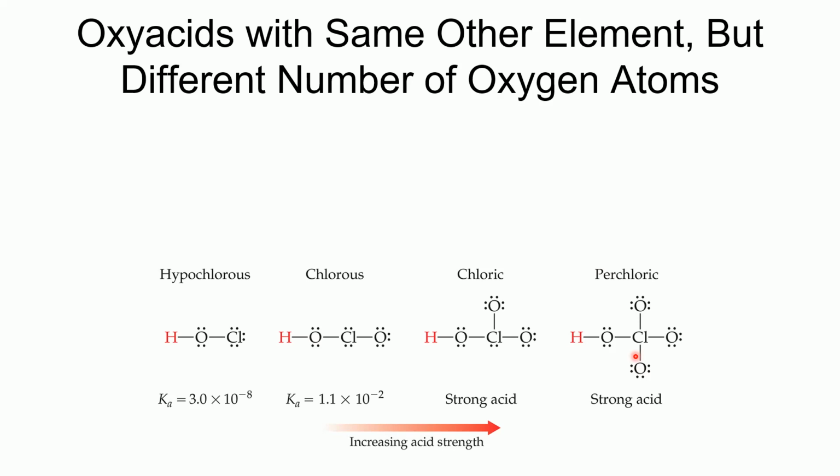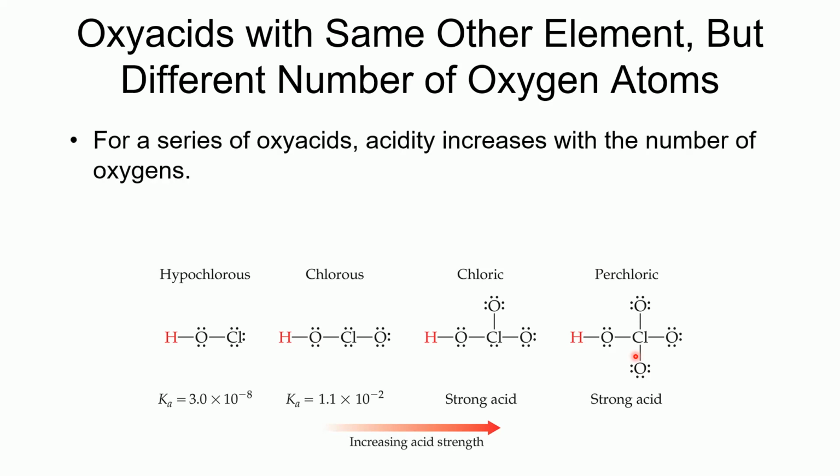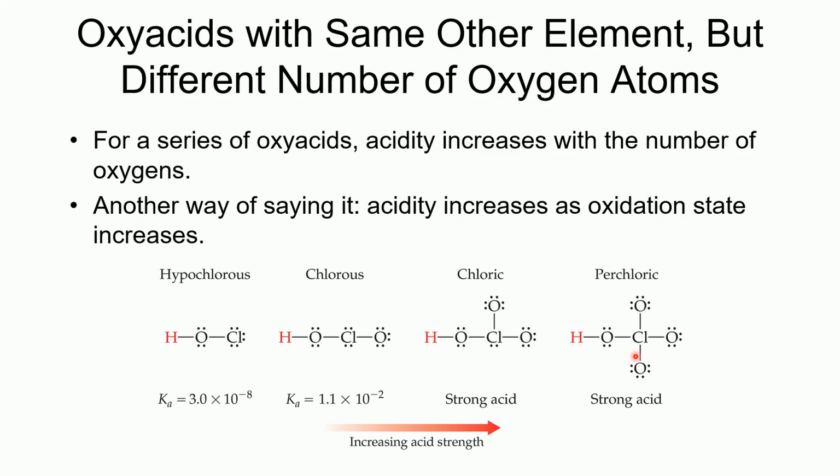And here we've got a great example of hypochlorous, chlorous, chloric, and perchloric, but there are many examples of this. The more oxygens there are, the stronger the acid. So for a series of oxyacids, the acidity increases with the number of oxygens. Or if you want to think of it in terms of oxidation state, as the oxidation state increases, the acidity will also increase.